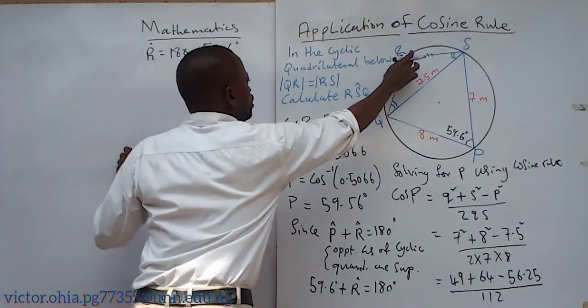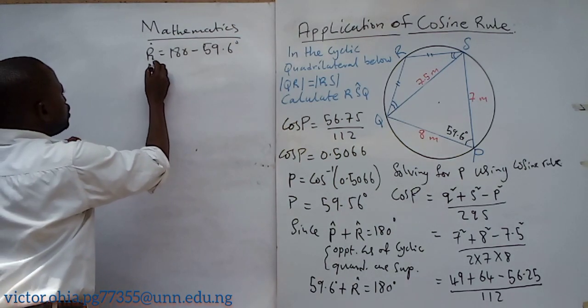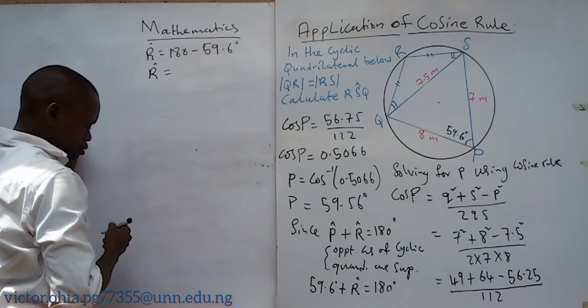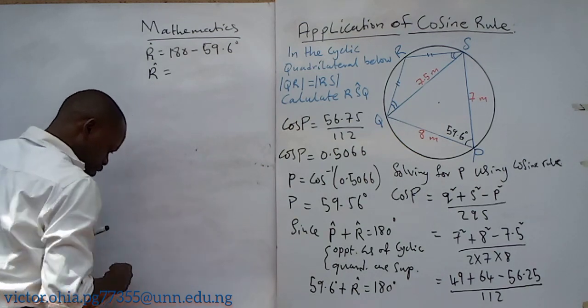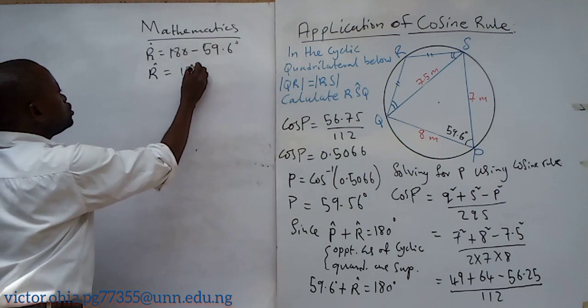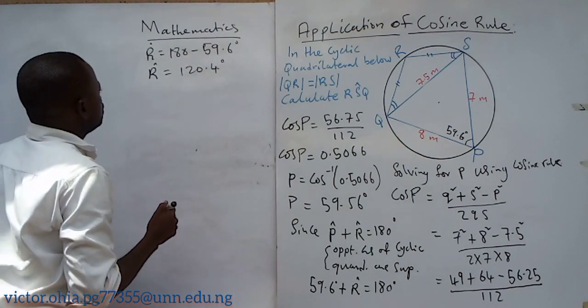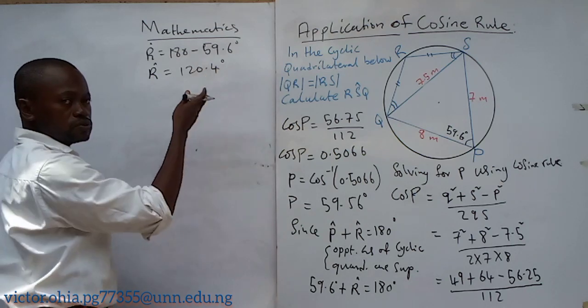That is the angle that will be here. So R, the angle there, by my figure here, is 120.4 degrees. Please verify that. It's just doing a difference.